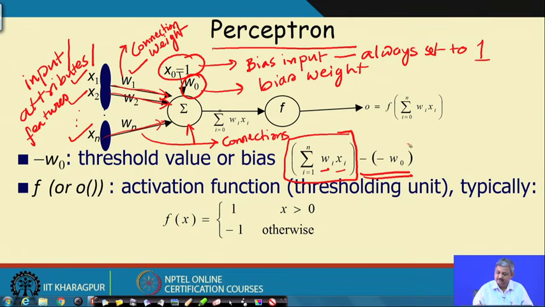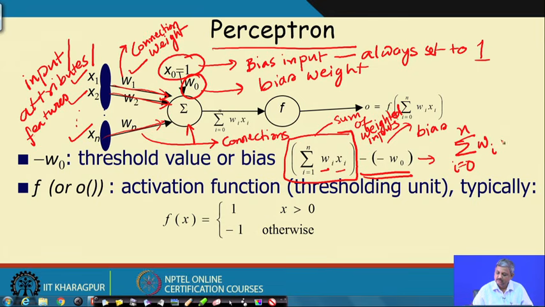So, this is the bias. In fact you could have also thought of it like this, that summation i equal to 0 to n w i x i, which includes W naught, and x naught is always 1.